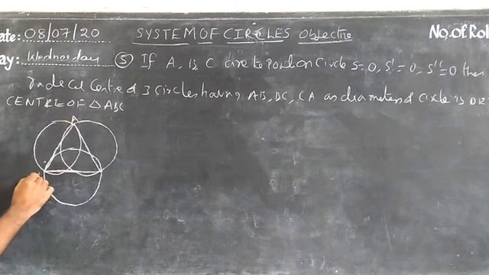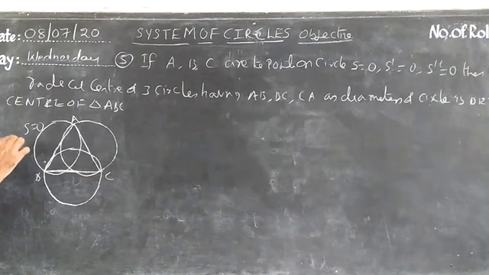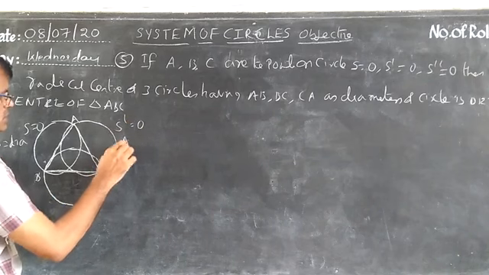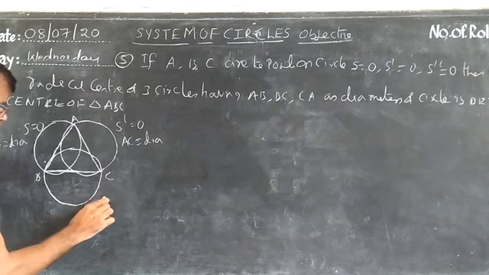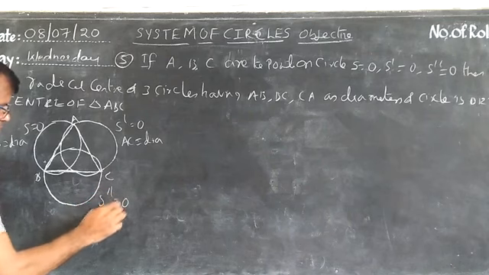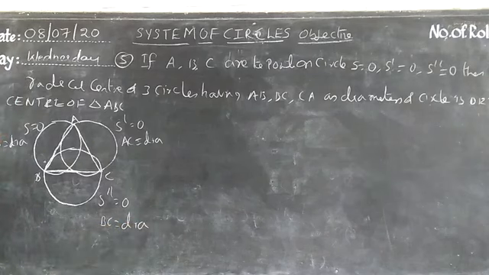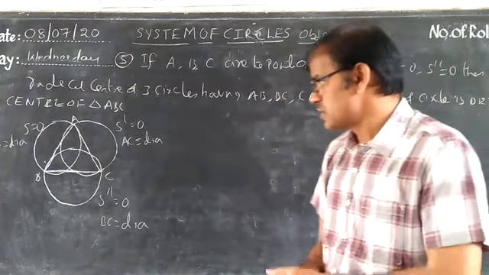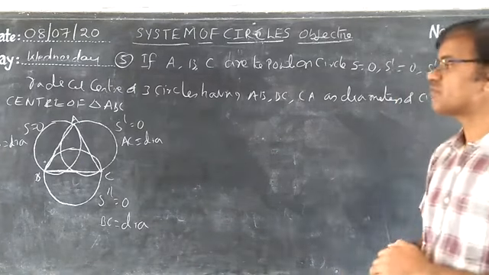This is A, this is B, this is C. So AB is the diameter of S equal to 0, AC is the diameter of S dash equal to 0, and BC is the diameter of S double dash equal to 0. AB, BC, CA are the diameters of the three circles. So the orthocenter is the radical center of the three circles.